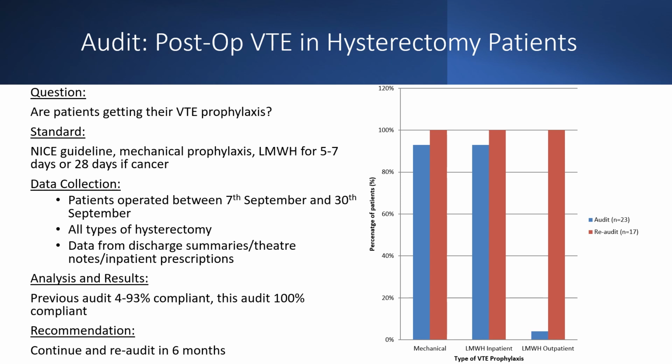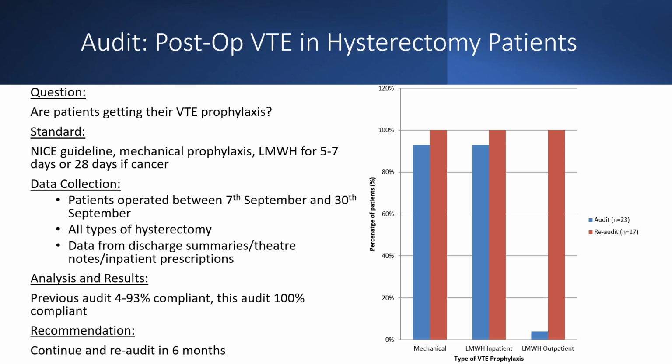So then off I went and I collected data on patients who'd been operated on between two dates, and I made sure that I included all types of hysterectomy, and then looked at the data from discharge summaries, theatre notes, and inpatient prescriptions as well. What I found was that in the previous audit, there was between 4 to 93% compliance, with patients not getting their low molecular weight heparin outpatient prescriptions to go home with.